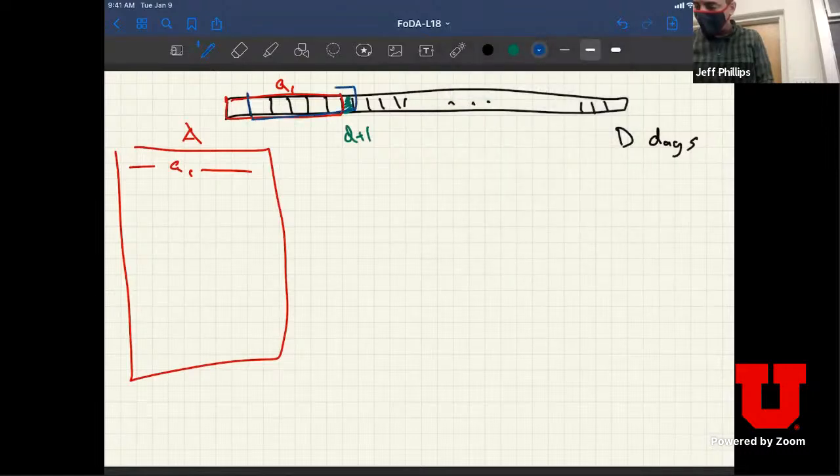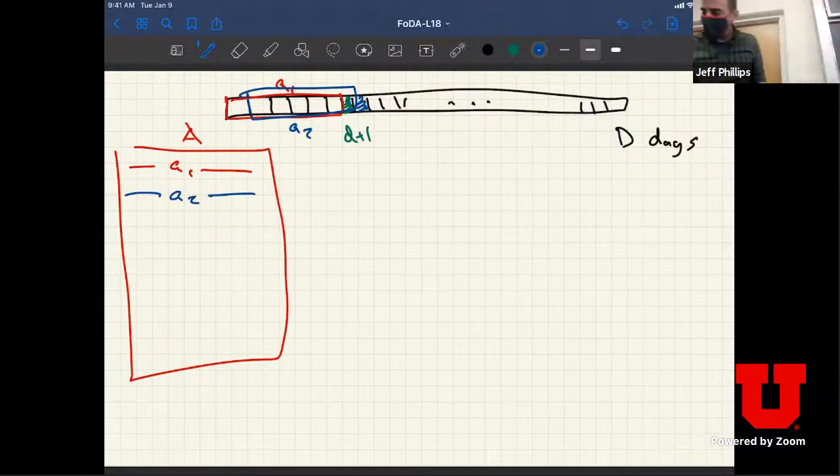So for the next day, I'm going to pick another, this will be A2, and this will help me predict this day over here, again, the following day. So I want to use A2 as an overlapping set of D days here.